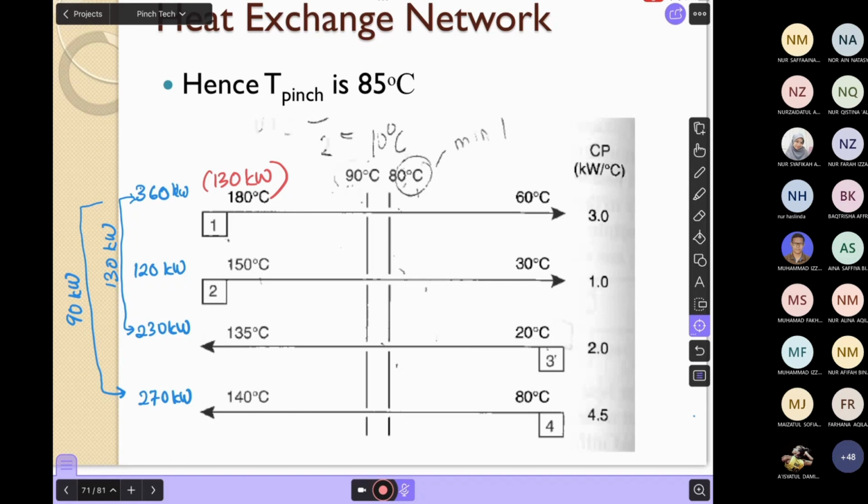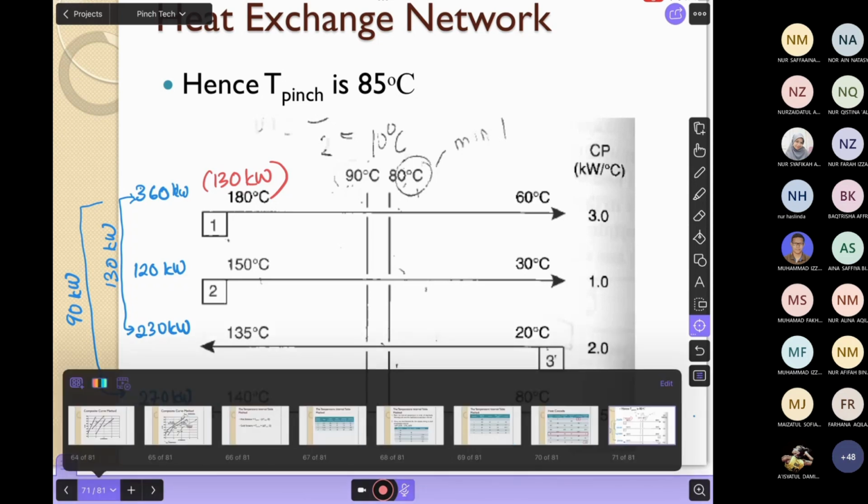Mana saya nak buat? So let's say kita duplicate dulu page ni supaya nampak. Boleh duplicate. Okay.